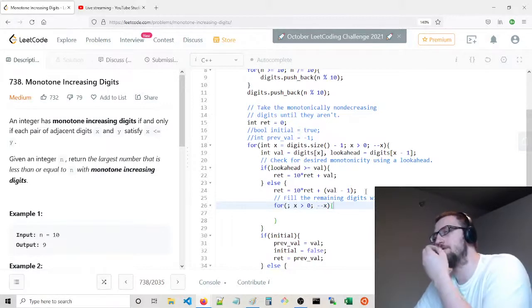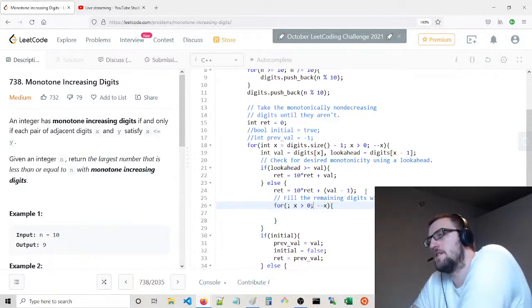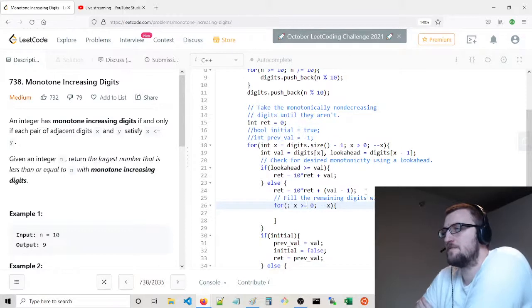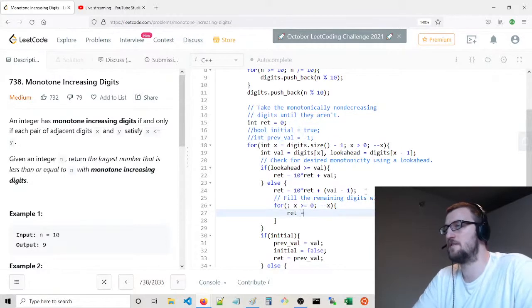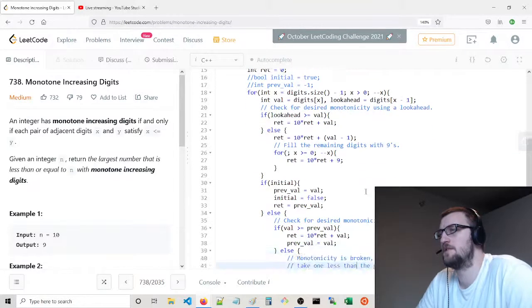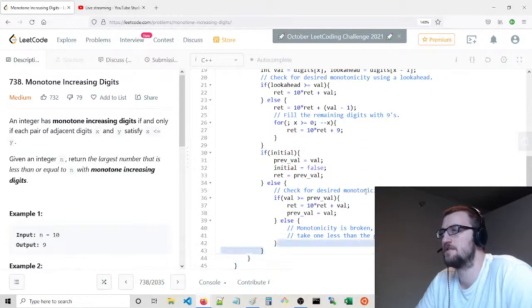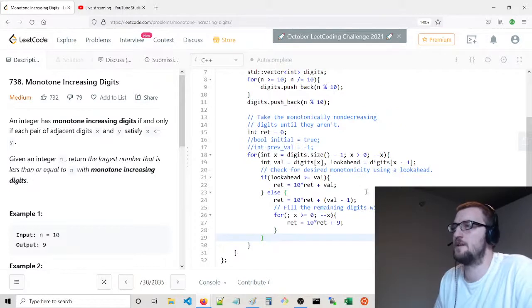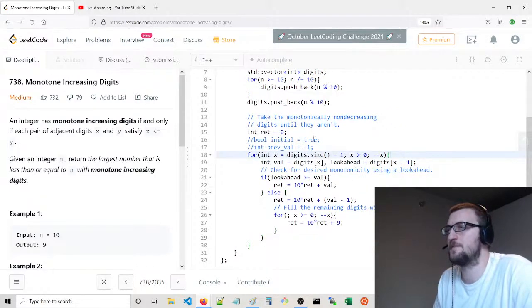What do we want to do? So x greater than or equal to 0, we'll say ret equals 10 times ret plus 9. I don't know, do we need any of these other things? What happens if we do this? This seems simple enough.